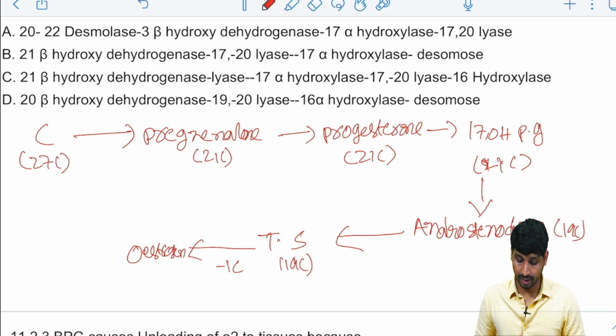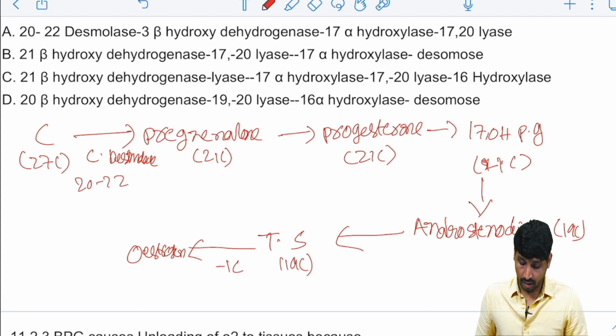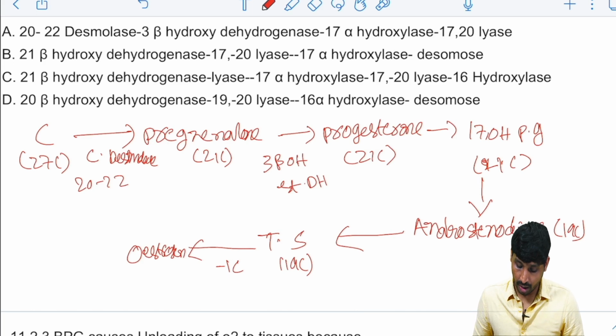Now we will see what the enzymes are here. Converting cholesterol to pregnenolone, the enzyme involved is cholesterol desmolase, that is 20-22 desmolase. Pregnenolone to progesterone requires 3 beta hydroxy steroid dehydrogenase. Converting progesterone to 17 hydroxy progesterone, there we require hydroxylase.